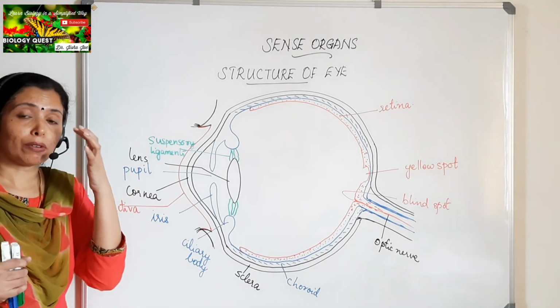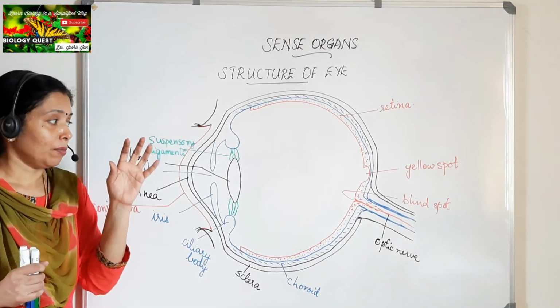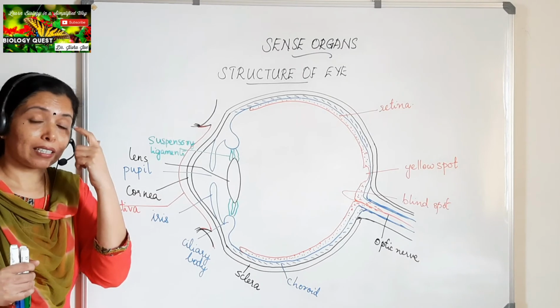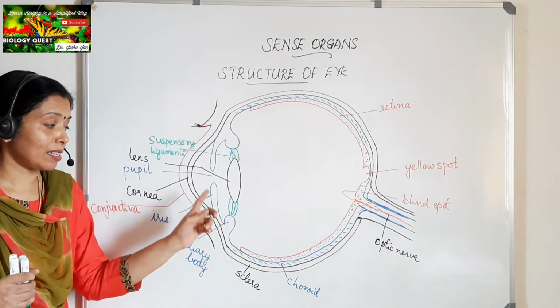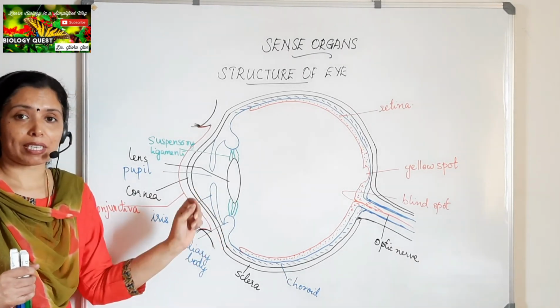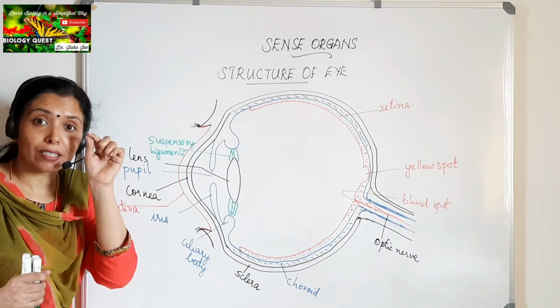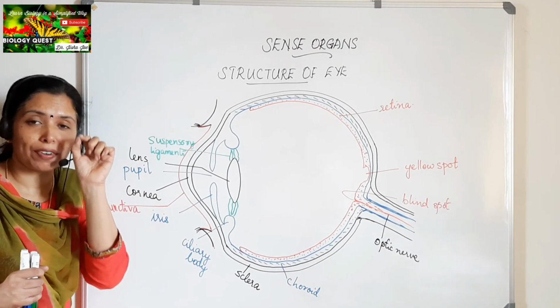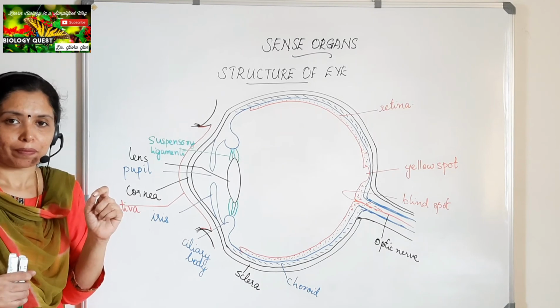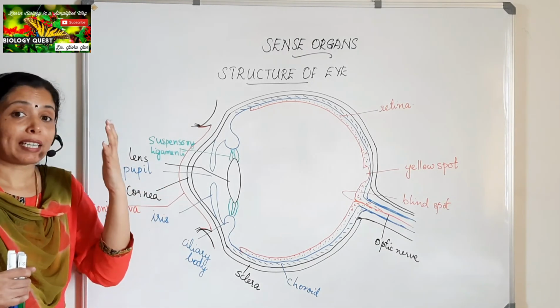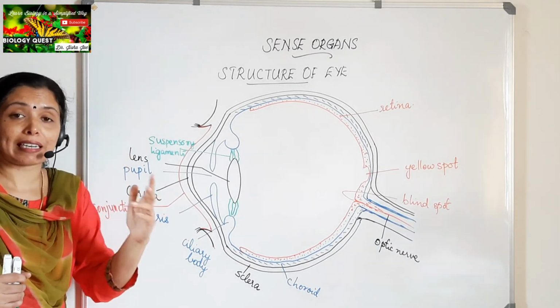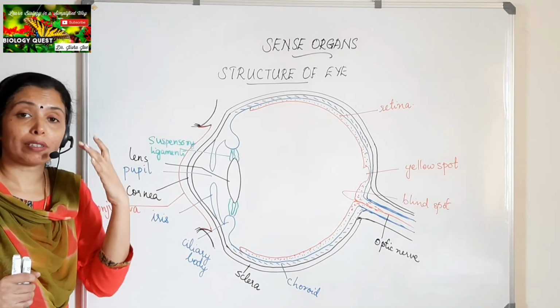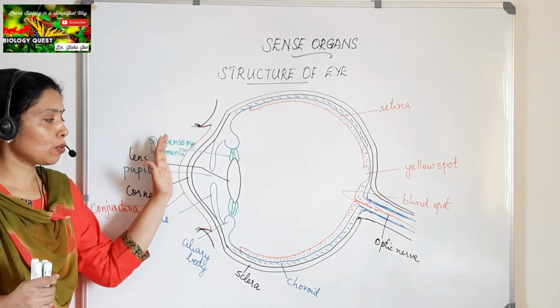That means when we look into the eye, we can see the sclera, and the dark colored portion at the center is actually the iris. At the center of the iris, you can see a very small region which is the pupil. Okay, and all these, the sclera, the iris, the pupil, we can see through the conjunctiva.